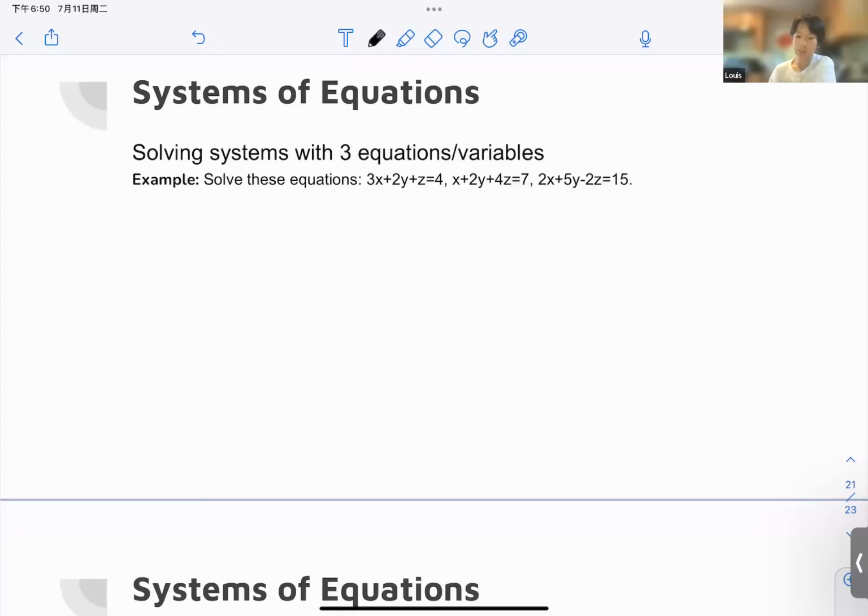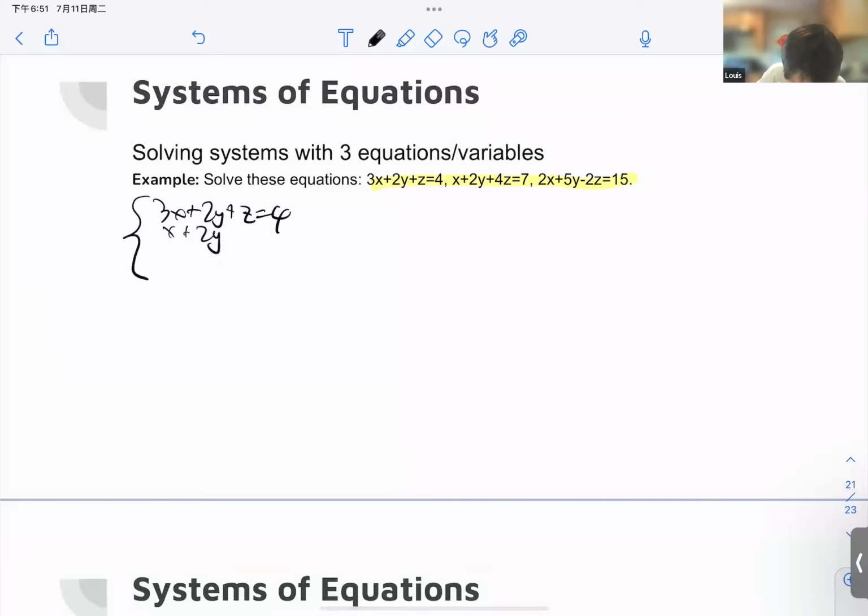Okay, so I will solve this problem now. So solve these equations. 3x plus 2y plus z equals 4.